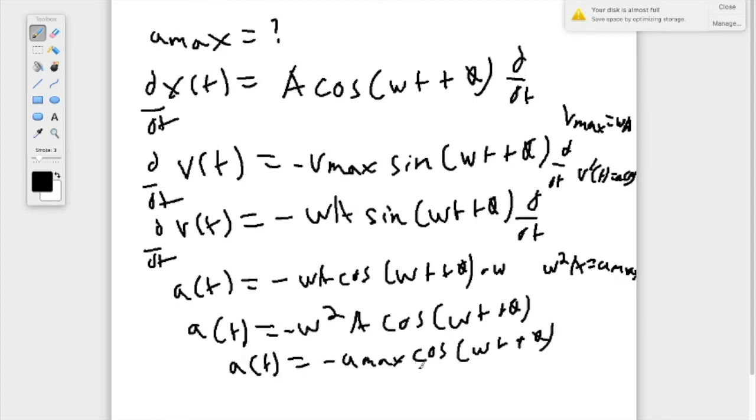Then we divide both sides by negative cosine of omega t plus phi. So we get a of t over negative cosine of omega t plus phi equals a max. So either way, you can find the max velocity and the max acceleration, you can solve them either way.